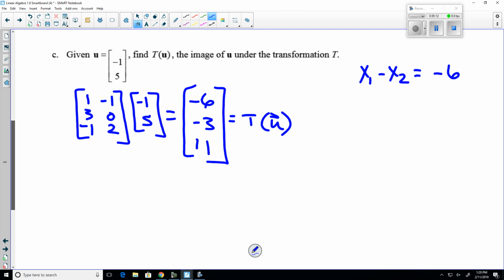What's the next one? 3x1. So 3 times negative 1 would be negative 3. And then negative x1 plus 2x2. So that is 1, negative 1 negative 1 is 1, and then 2x2 is 10. So that gives you 11.